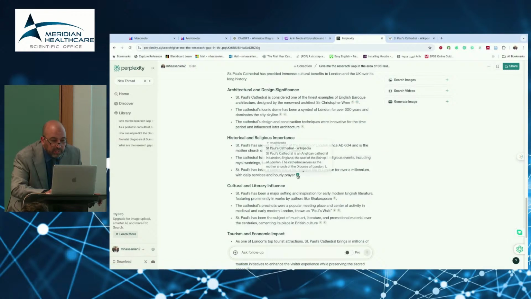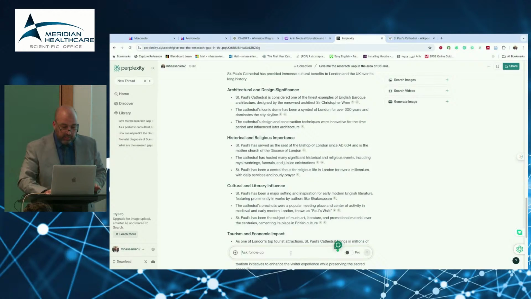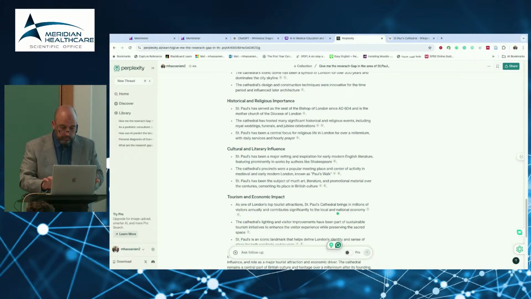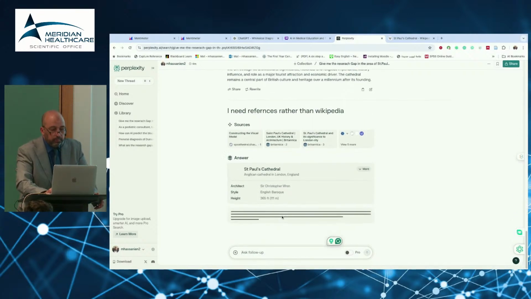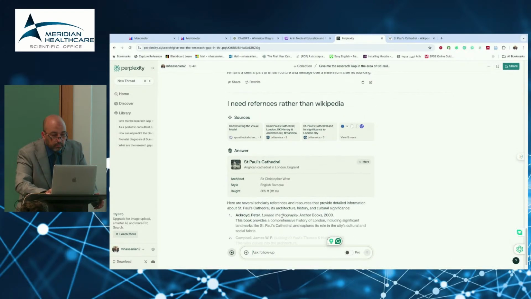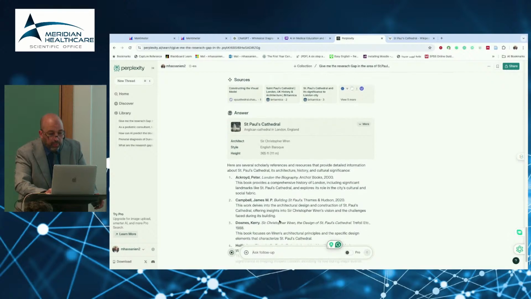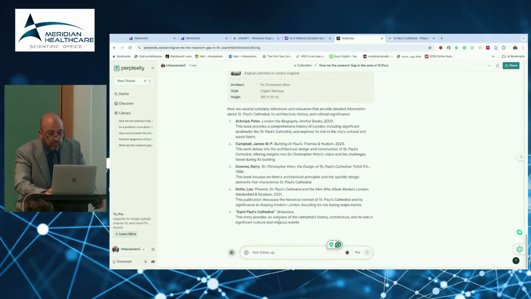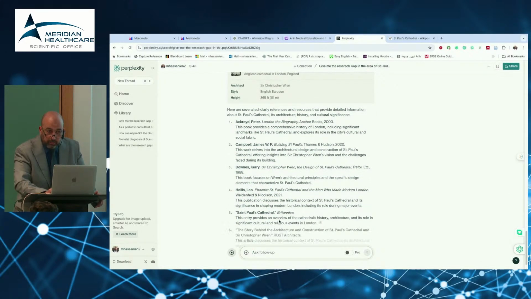This is Wikipedia, number 4, for example. You can tell it, I need references rather than Wikipedia. So it gives you another reference like this.